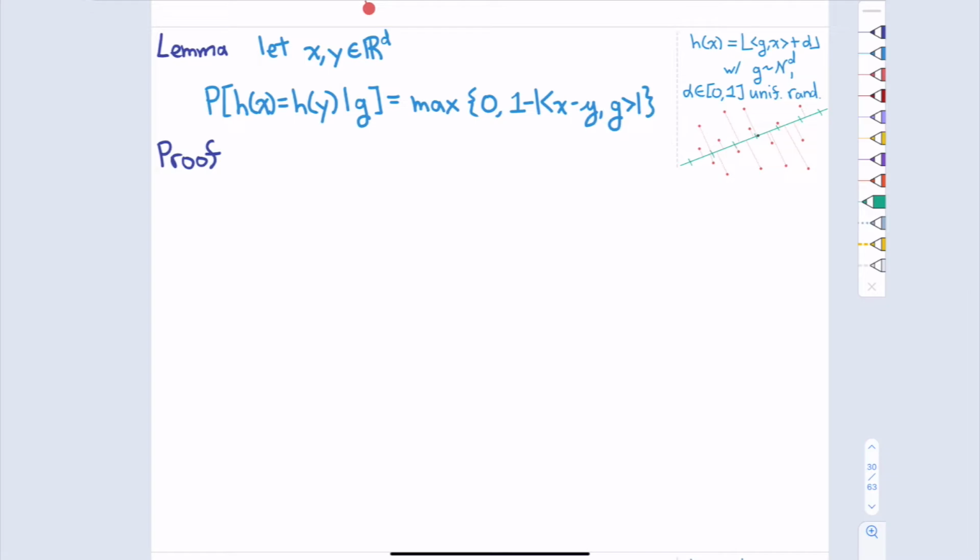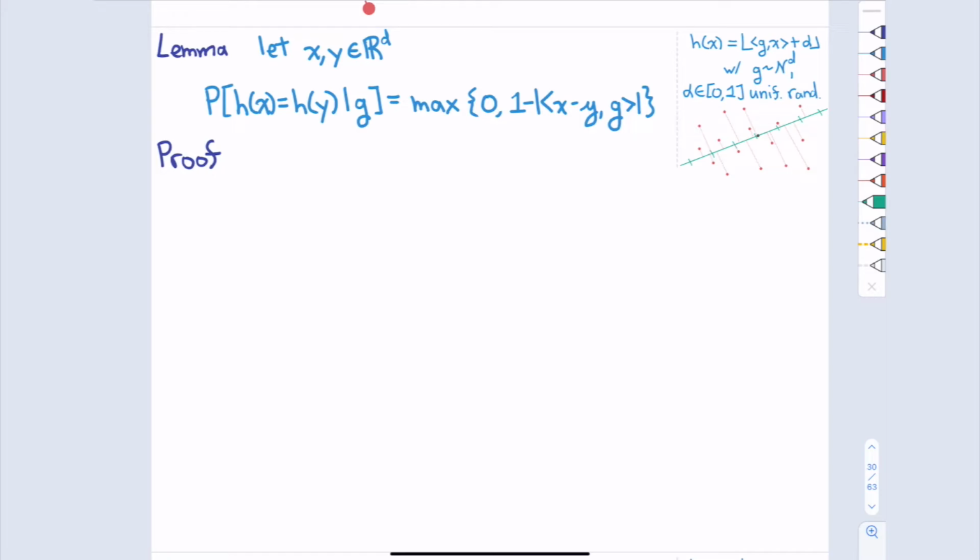As a baby step, this first lemma is only analyzing the effect of alpha. Okay, so let's take 2 points in our input, and what's the probability that they collide given that Gaussian vector g? Okay, so we fix g, and it's going to be something related to x minus y times g.